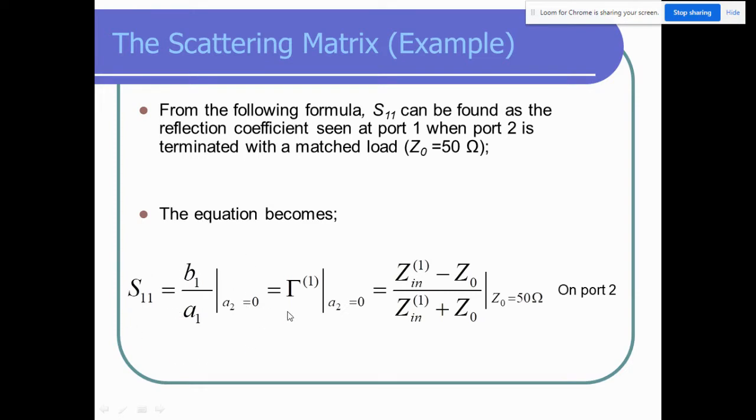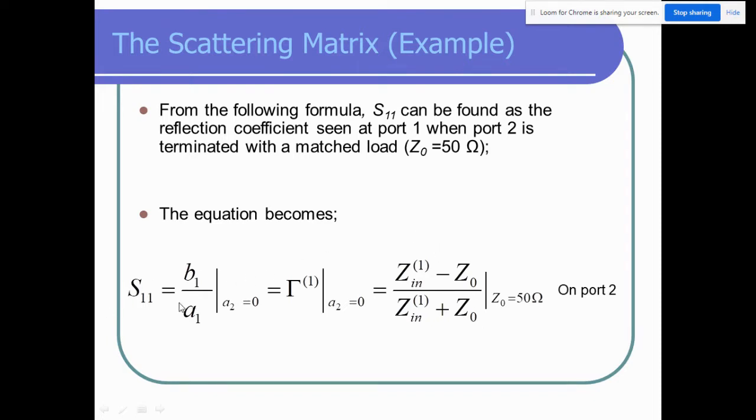By this scenario, S11 becomes the reflection coefficient at port 1, which is equal to Z in minus Z naught, over Z in plus Z naught. Z naught is the characteristic impedance.